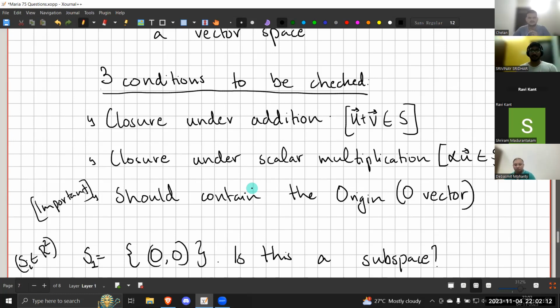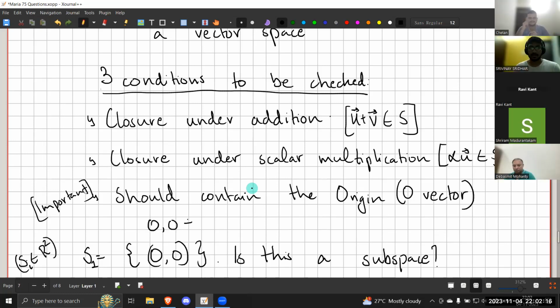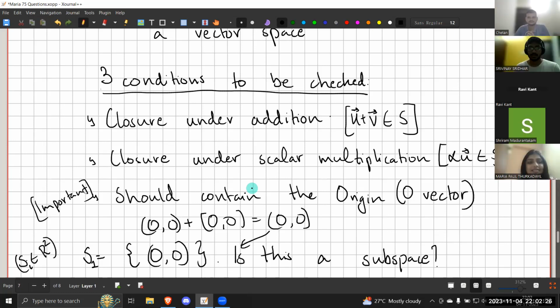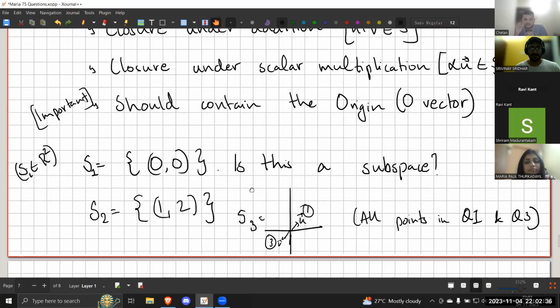Because if I take 0, 0 and I add it to itself, this is also equal to 0, 0. And we know 0, 0 belongs to S1, right? So it satisfies closure under addition.